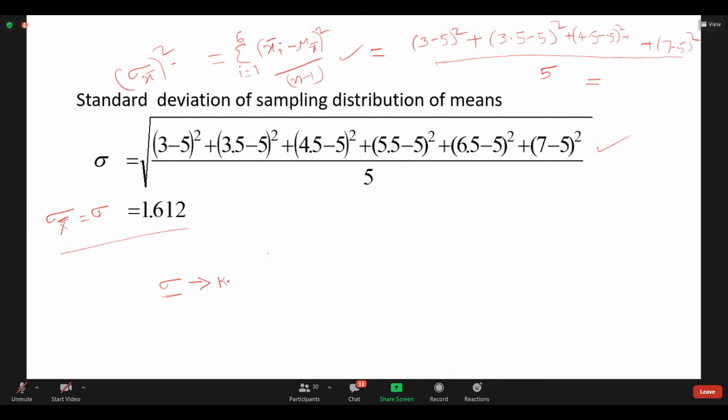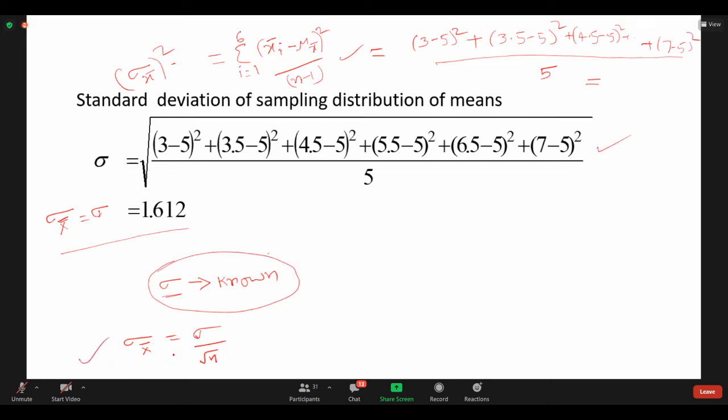The standard deviation of the sampling distribution of means has the notation sigma x bar. In such a case, you can directly use sigma by root n, if this is known.